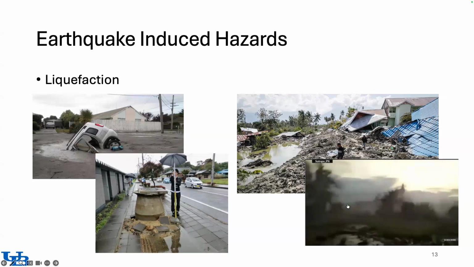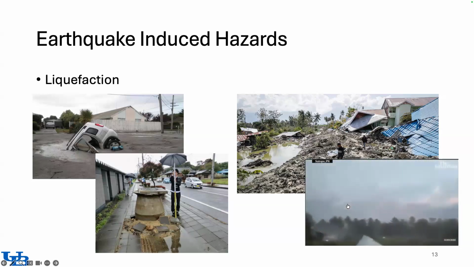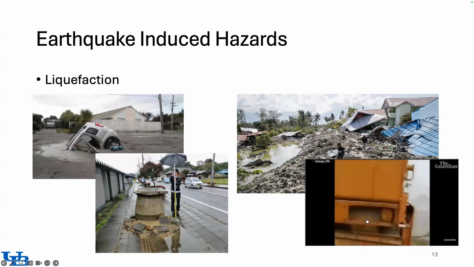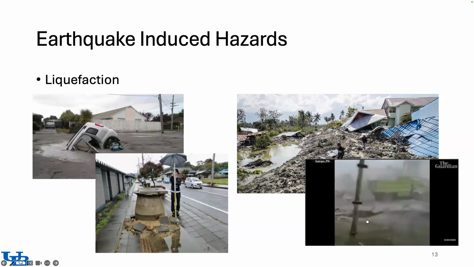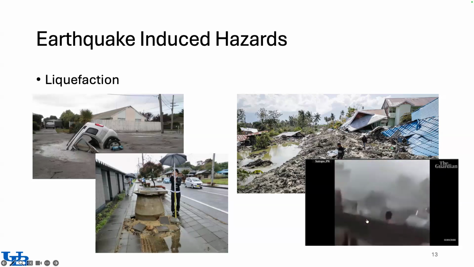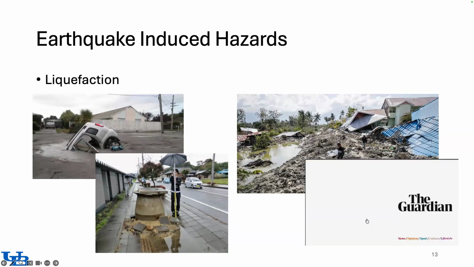It doesn't play on my screen, but you can see essentially the entire house and soil underneath sliding with no resistance, even on a very gentle slope, because the soil underneath has liquefied, and so there is nothing holding it back.